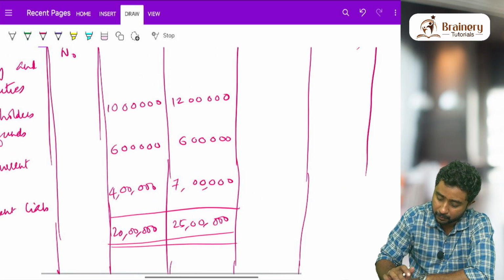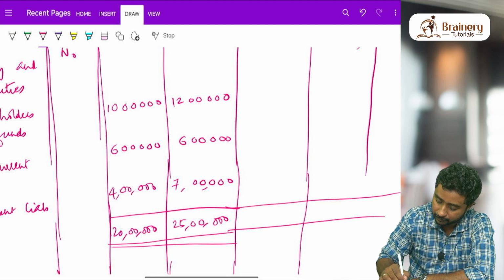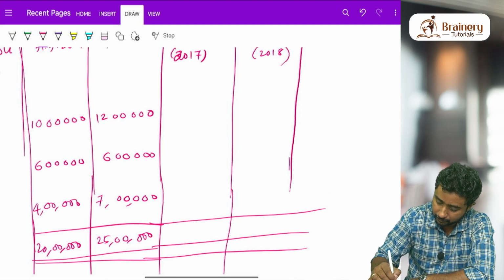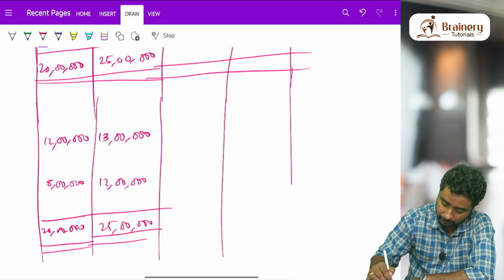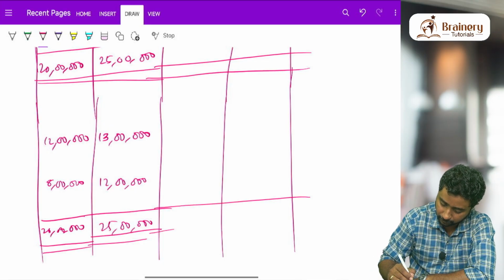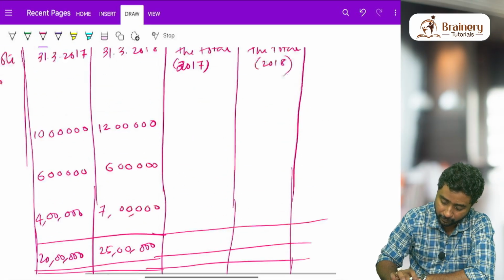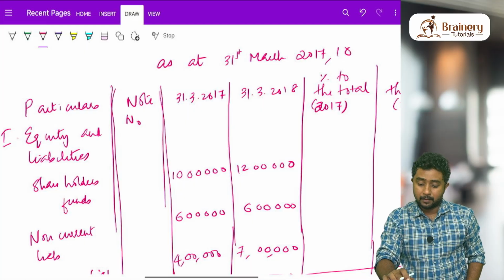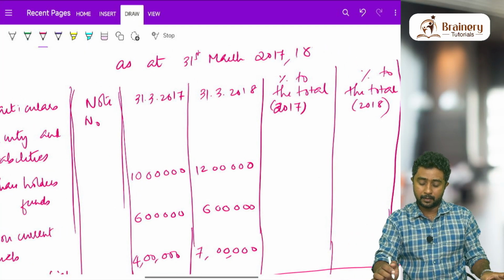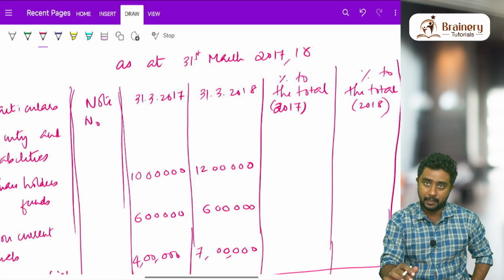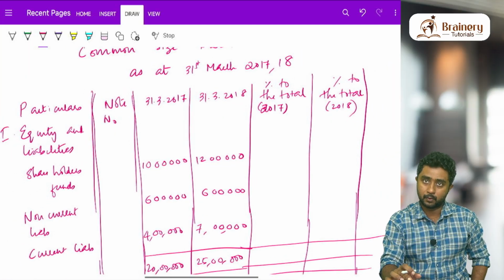Now, we need only these extra two columns. In shareholders funds, we will go to the 2017 amount column. I'll zoom out a bit.